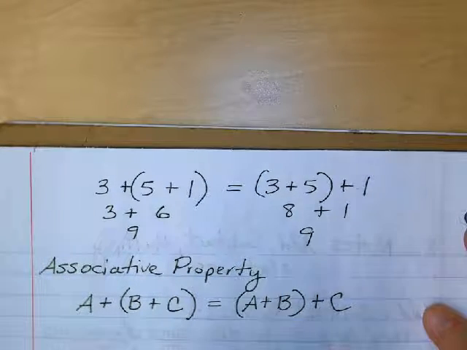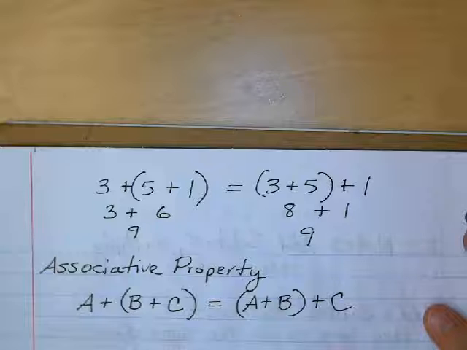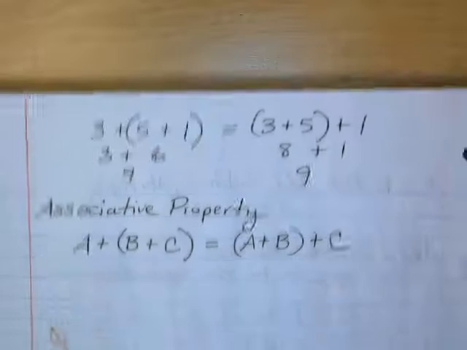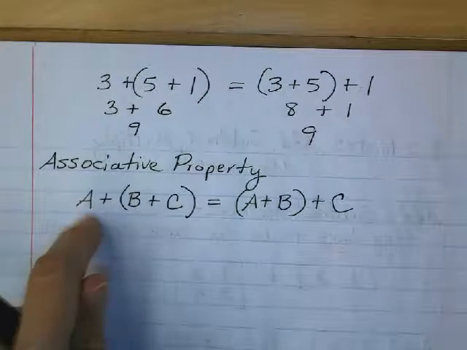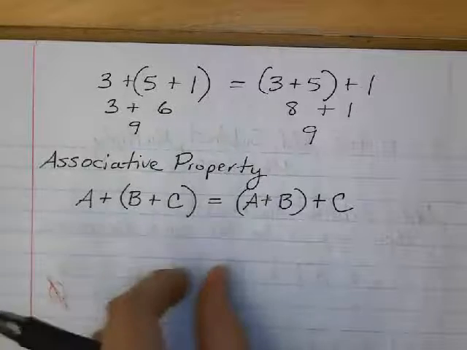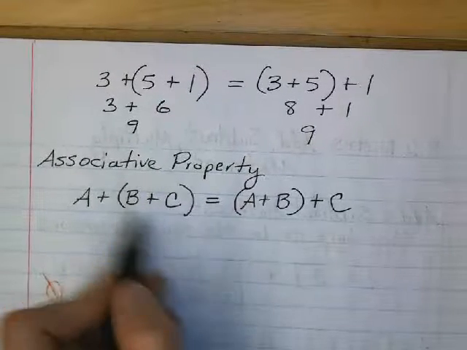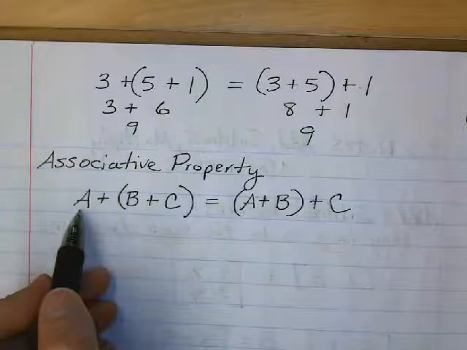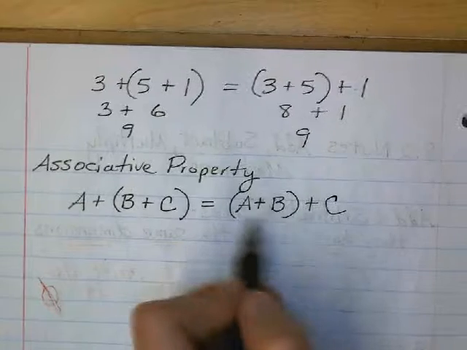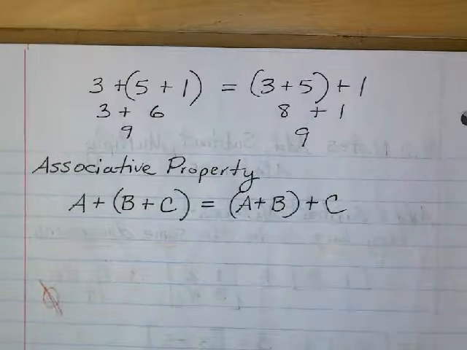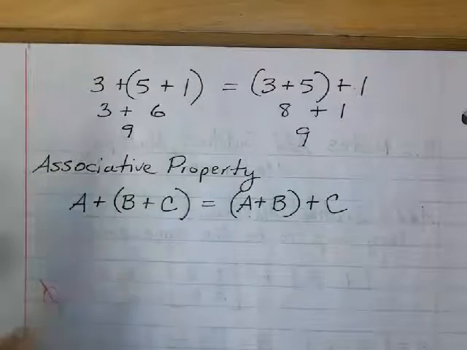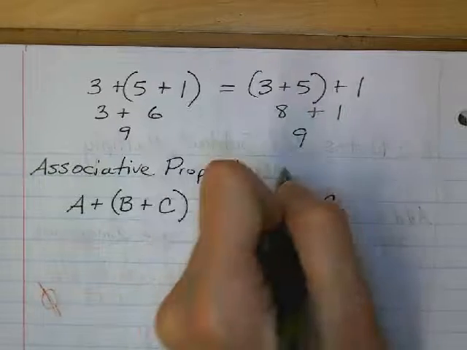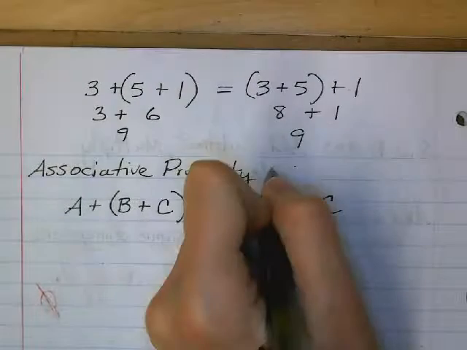See, the whole point is the order you add things in doesn't matter. So even if I wrote matrices down and numbers in the matrices, if I added the last two matrices first and then this one to it, it would be the same as if I add matrix A and B first, then matrix C. So you just have to know the associative property works. It works.